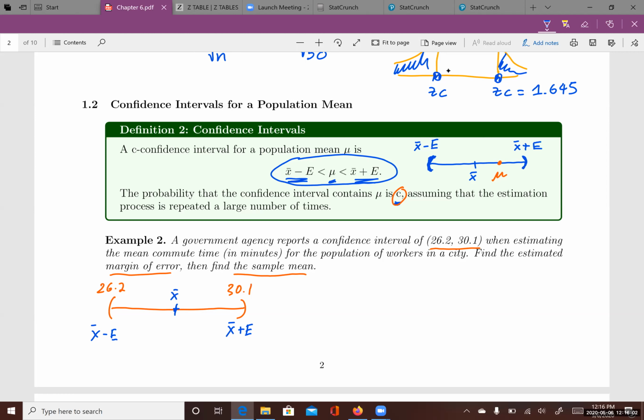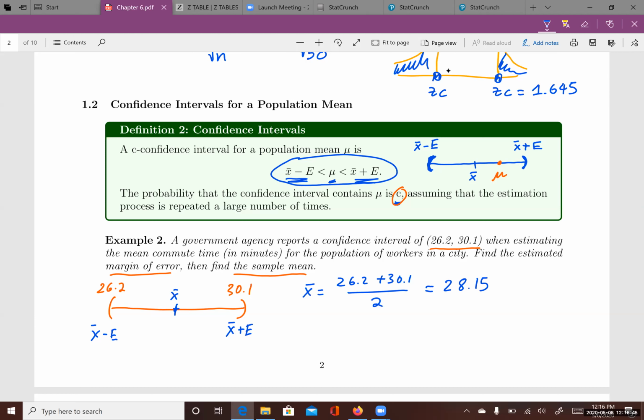So if X bar is the point in the middle of this interval, we can find X bar because X bar equals 26.2 plus 30.1 divided by 2. And once we found X bar, then we can find the margin of error E easily. 28.15 is X bar.